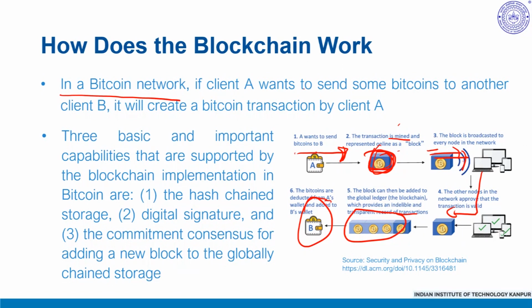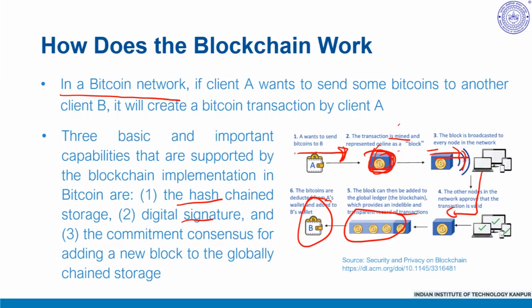Now, three very important capabilities that are supported by such blockchain implementation, for example, on Bitcoin, are the hash chain storage, digital signature, and the commitment consensus for adding a new block to the global chain storage.